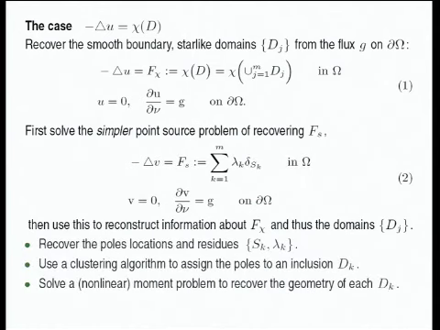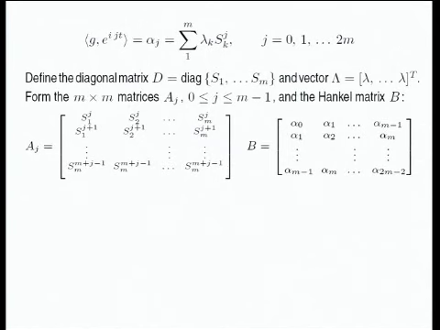Okay? So there's three steps. I get the locations of the poles and residues. Then I cluster them to try and find out where the main D_j are. And then I'm going to solve a nonlinear moment problem to recover the geometry. So that's the plan.